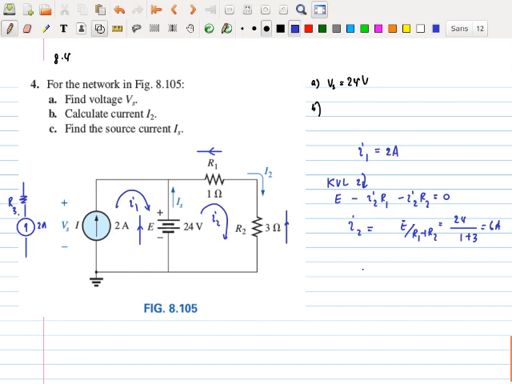Now you can calculate that IS is equal to I2 minus I1, which is 6 amperes minus 2 amperes, giving you 4 amperes. Right?